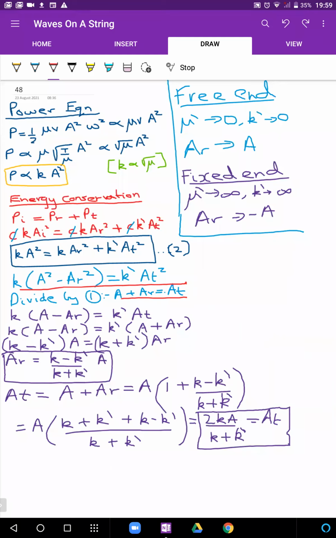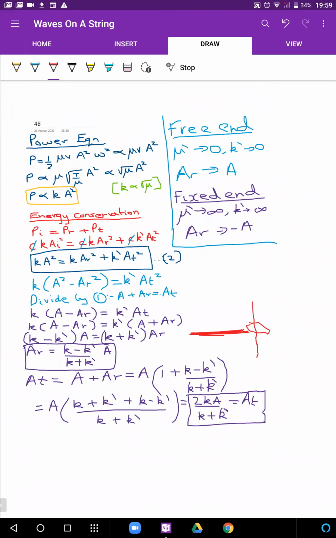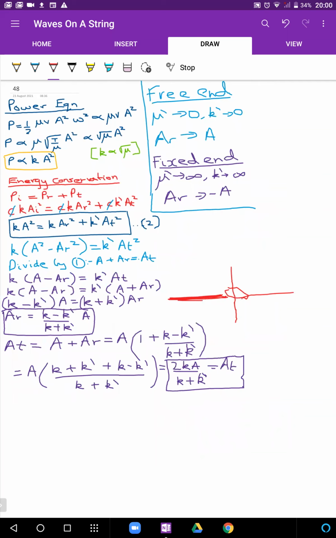Okay, from this result, see how the free end result comes. When I talk about reflection from a free end, there is no opposition to the oscillation of the string. You can almost imagine as though this string is attached to an infinitely light string.